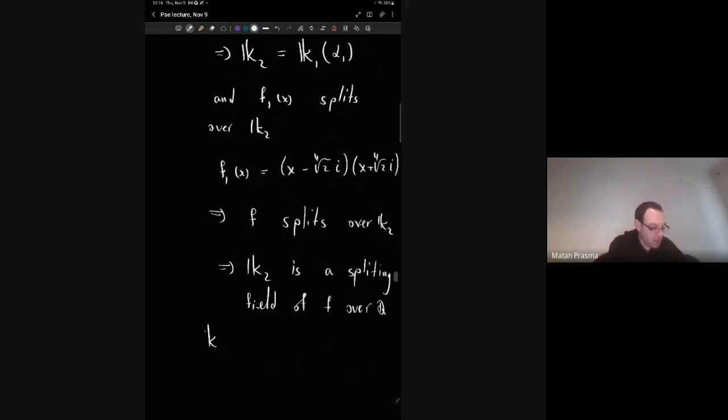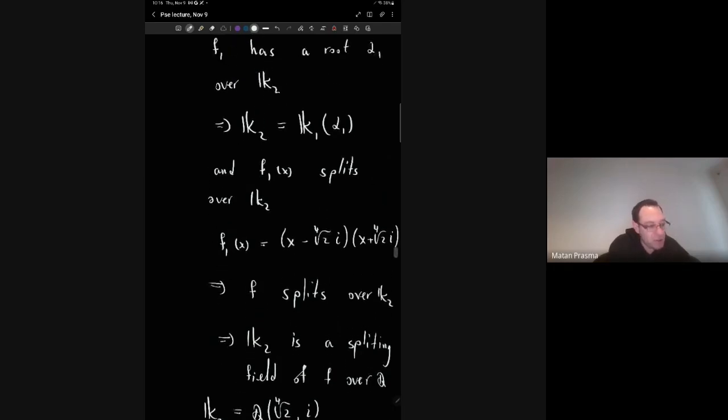Okay, and K2 you could write as basically all you need is to adjoin the fourth root of 2 and the element i. Once you adjoin these two, you have everything you need, and that's the minimal thing you can do.